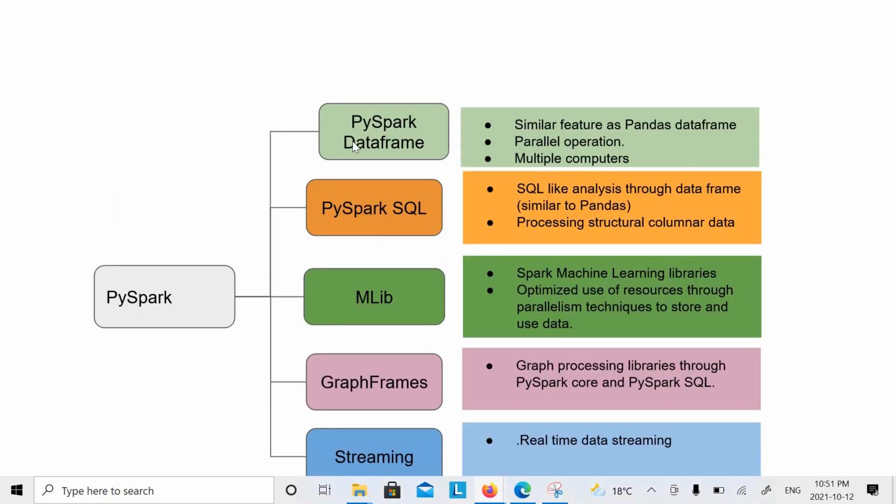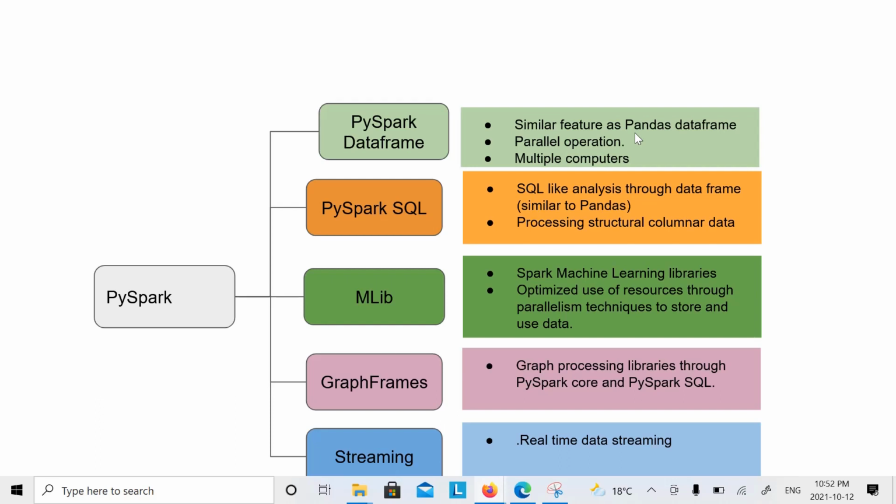There are things like you can write a Python data frame and integrate it with Spark, called a PySpark data frame. If you have worked in Python before and used Python for data analysis, you must have used pandas. So the pandas data frame is very handy in Python.